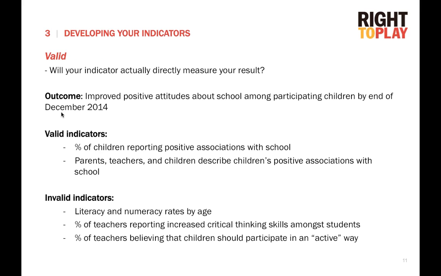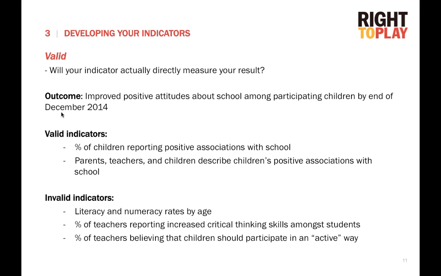So in this example, our outcome is improved positive attitudes about school among participating children by the end of December 2014. So examples of valid indicators would include the percent of children reporting positive associations with school, and parents, teachers, and children describe children's positive associations with school.